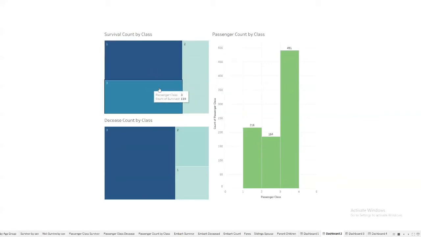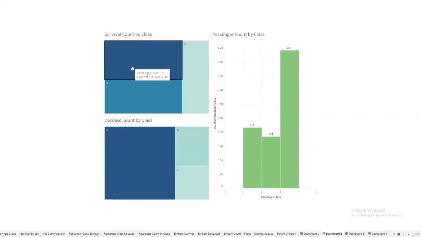Then class 3 and class 2 have the least survival rate. And then the death count by class goes toward passenger class 3, and the least was passenger class 1.